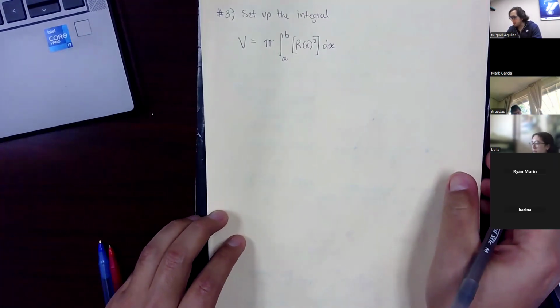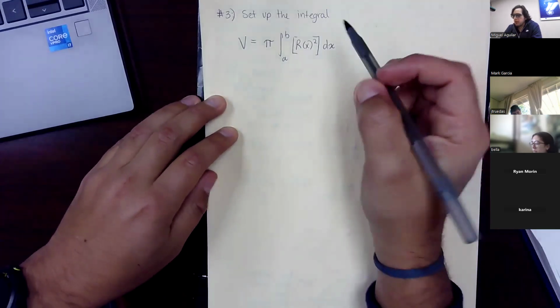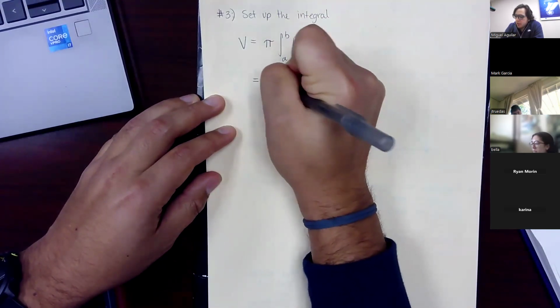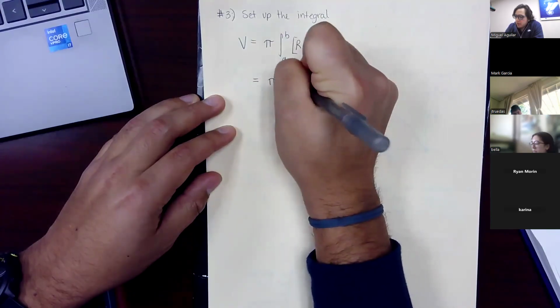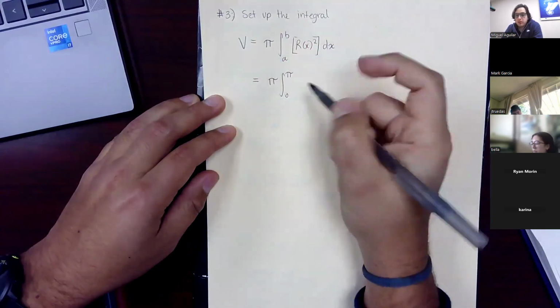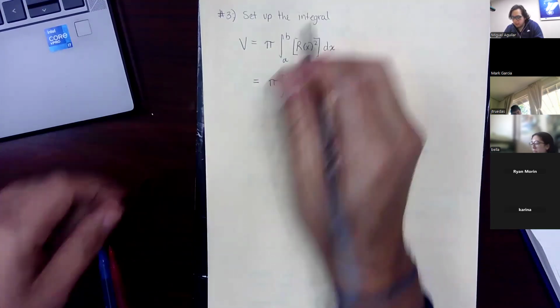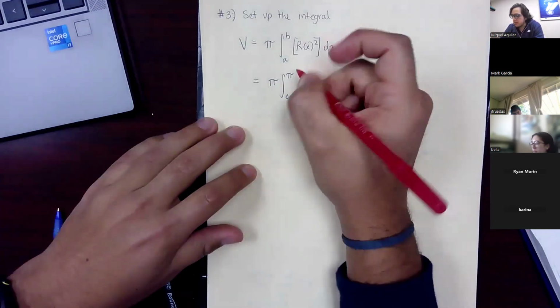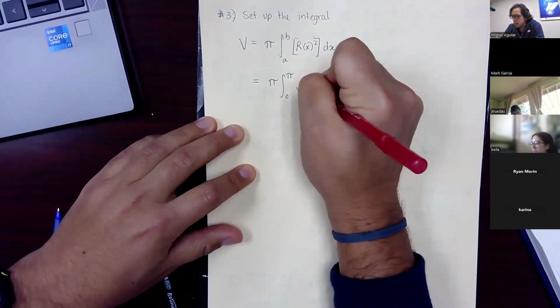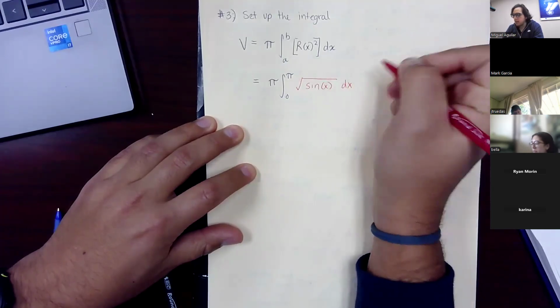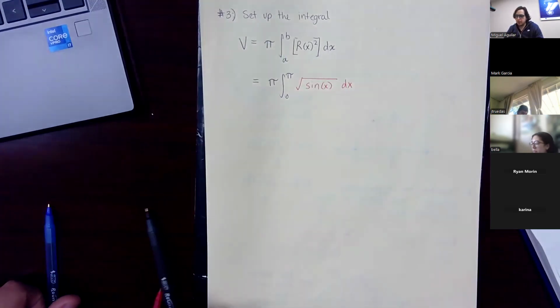Okay, so then that means that this is just pi. We went from 0 to pi here. Those are limits of integration. The radius was the function, the square root of sine x, and then we have dx here. Okay.